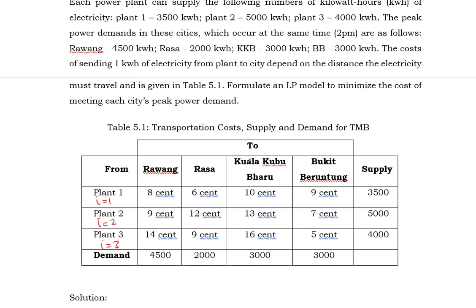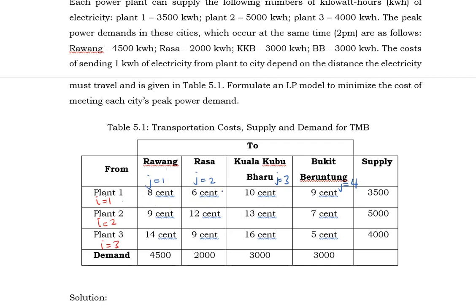For the demand points, we have j equals 1, j equals 2, j equals 3, and j equals 4. This is the cost to deliver 1 kilowatt hour of electricity from plant 1 to Rawang.